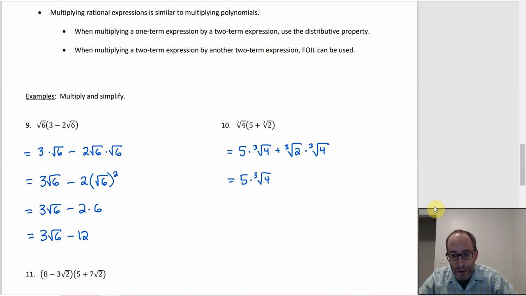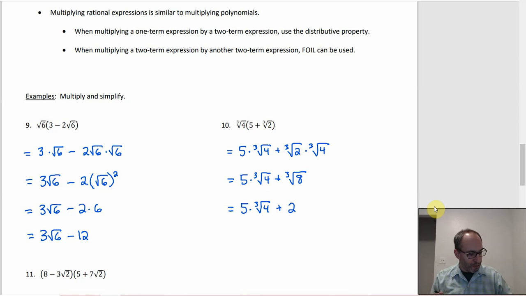Can't really do anything there. But then here, same root, right? These are both cube roots after the plus, so you can multiply what's underneath the radicals. So then that's the cube root of 8. That does simplify, right? That's a 2. All right, so we do kind of get a similar sort of thing going on with number 10. So we'd have 5 times the cube root of 4 plus 2. And that's the answer.